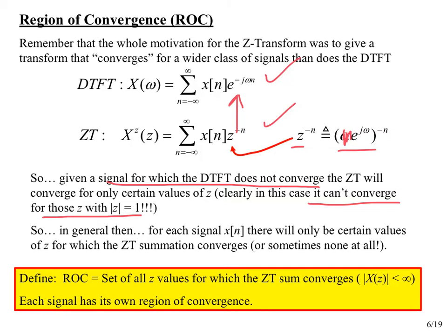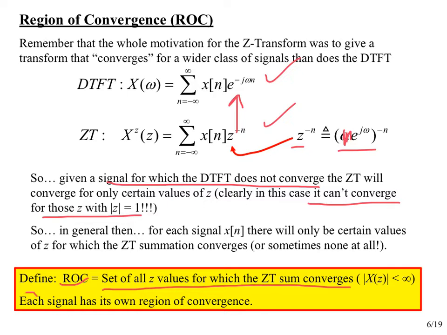So we're going to define the region of convergence for a given signal. You tell me what x of n is. I'm going to try to find its Z transform, x of z, but I also have to specify the region of convergence. So for what values of z does this Z transform sum actually converge to something that I can write down as an x of z?